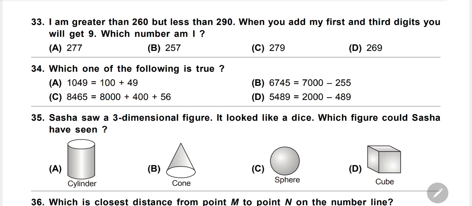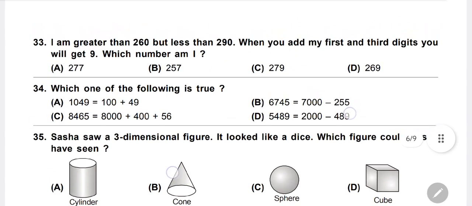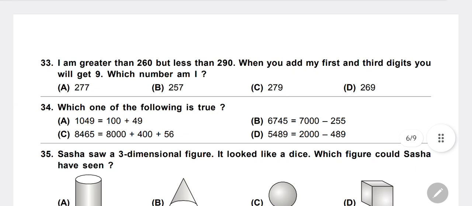So we need to find the number which he is. It's a given question. First and third digit. First digit is this one, and third digit is this one. So when you add, 2 plus 7 is 9.